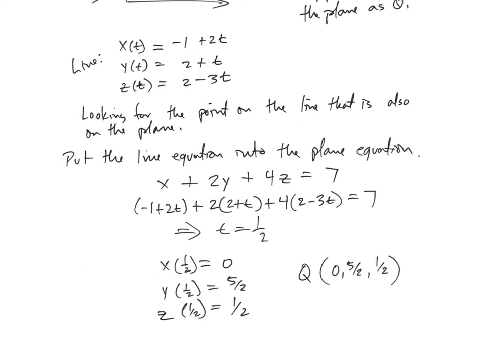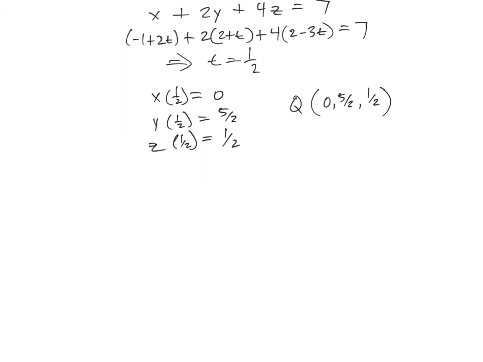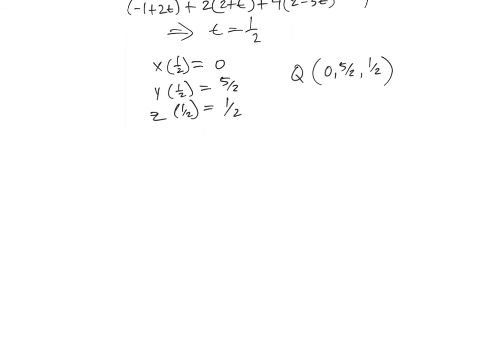Okay, so the last example we want to look at here is the cat catching the mouse problem. Just to keep things interesting, we're going to keep it in 2 dimensions.